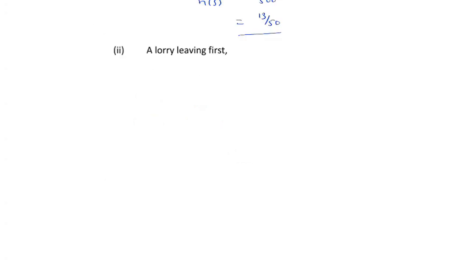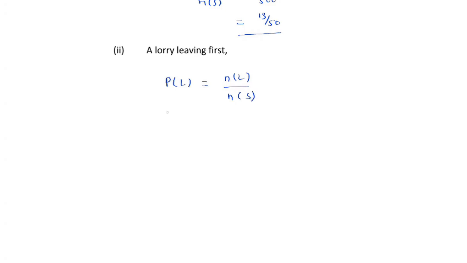Roman 2, we are supposed to find the probability of a lorry leaving first. Okay, so for this one, the probability of a lorry equals the number of lorries over the total number of vehicles.